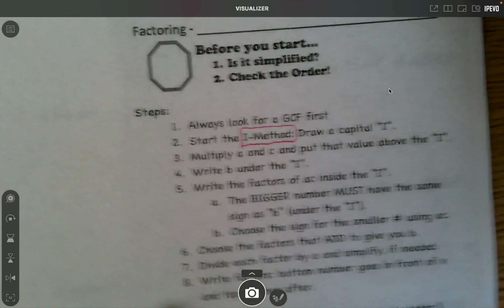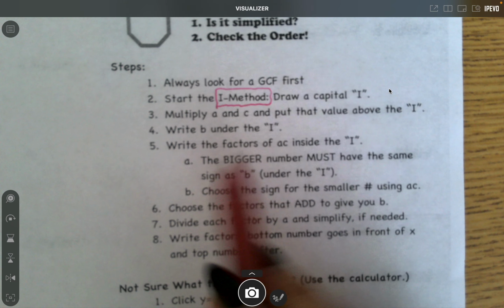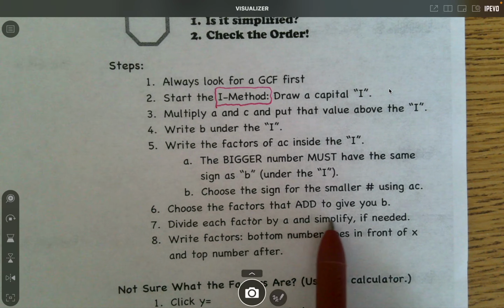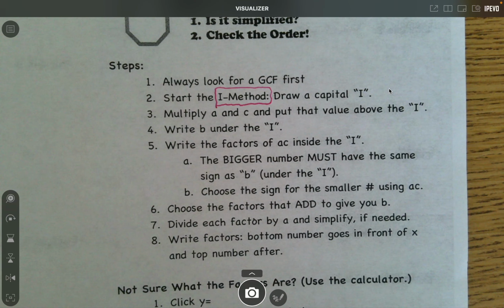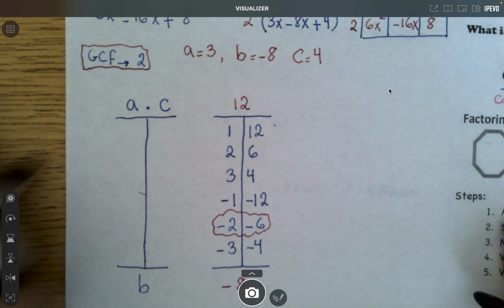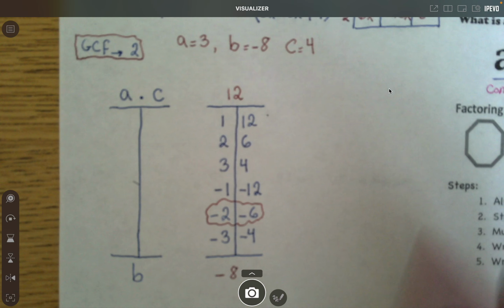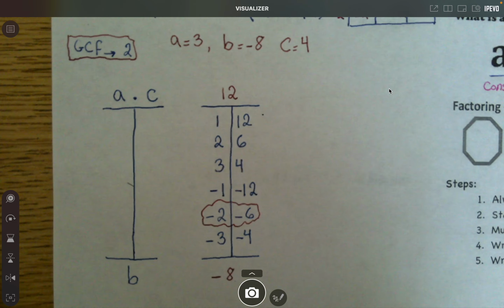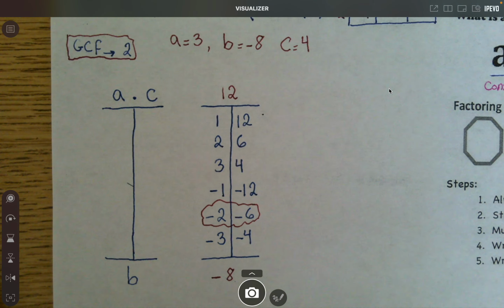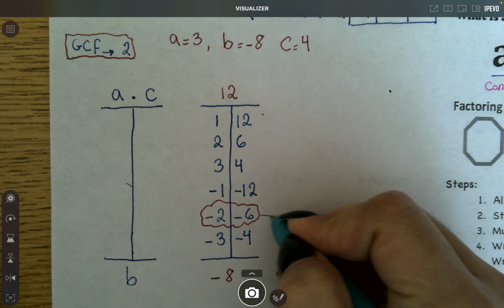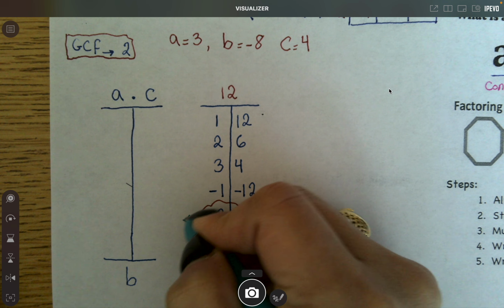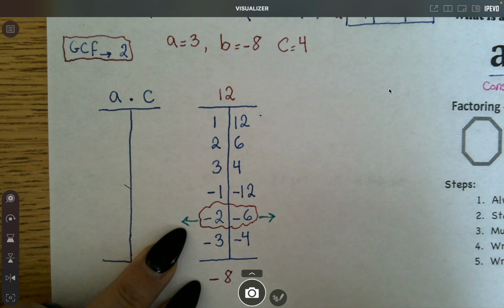Now, it says divide each factor by a and simplify if needed. What was our a? Our a was 3. So we need to divide these two by a, which is 3, and I put it in fractions.